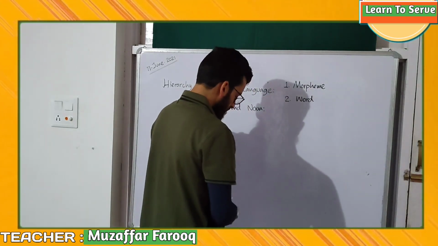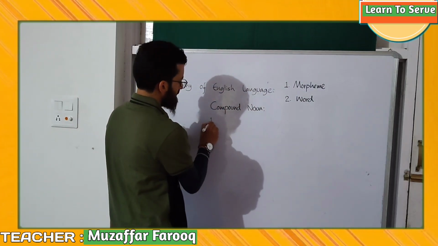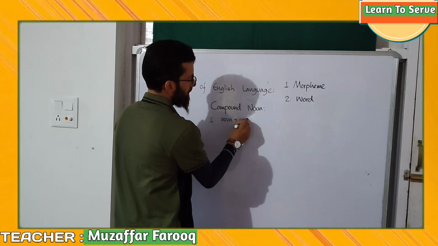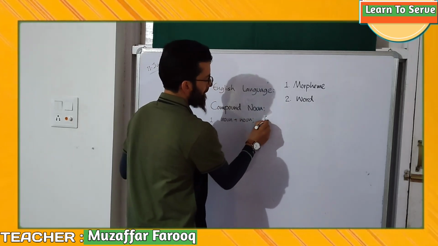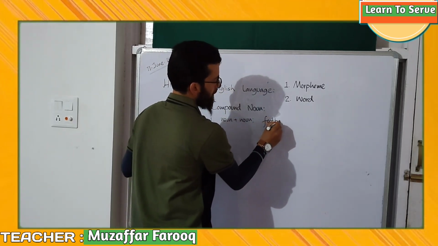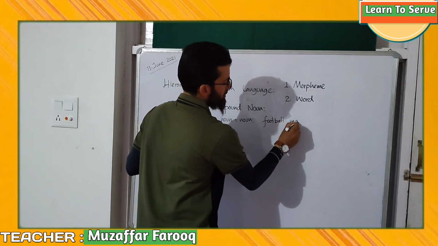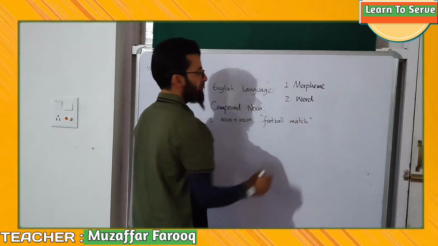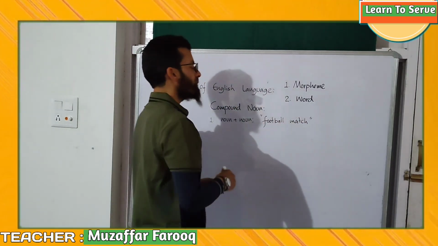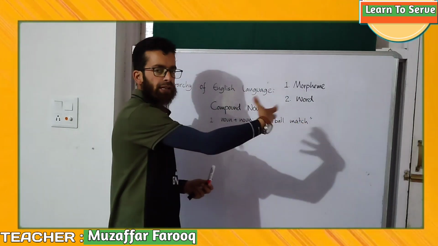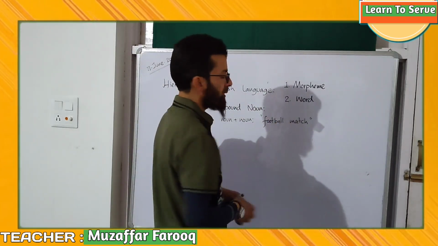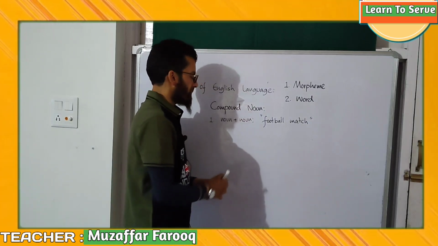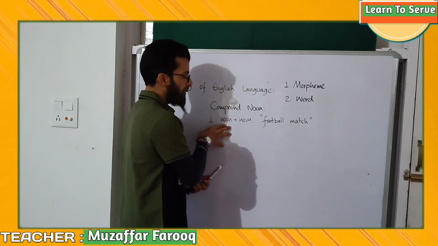For example, we have first noun plus noun, such as football match. This is a compound noun which is formed by two nouns: football match, cricket match, log book. So these are the compound nouns which are formed by noun plus noun.